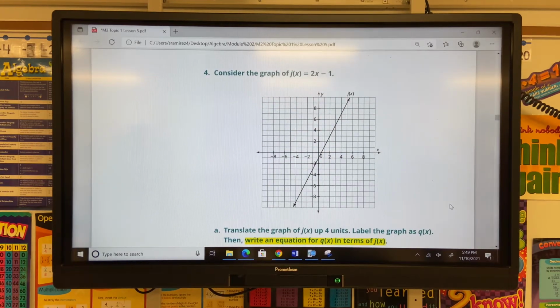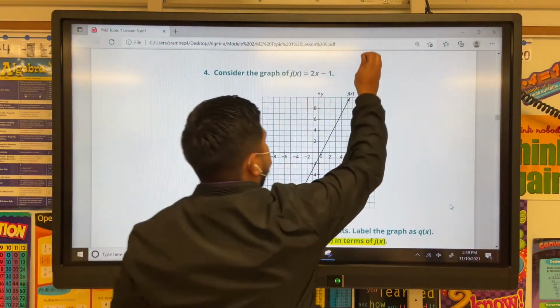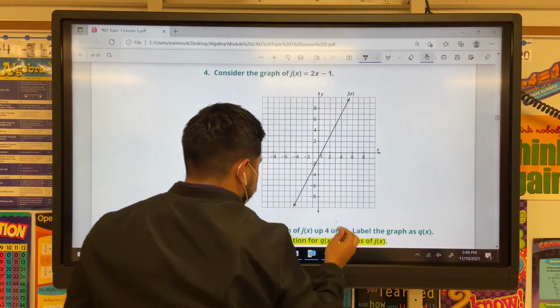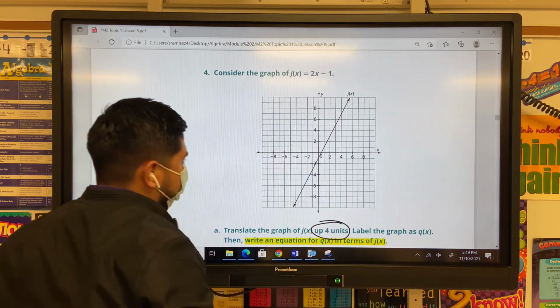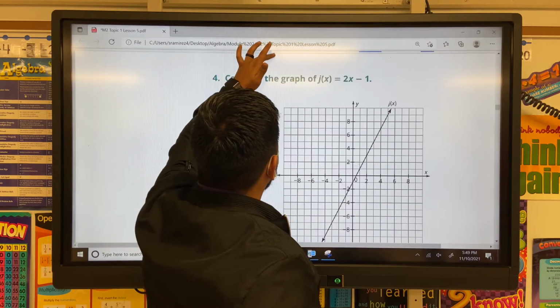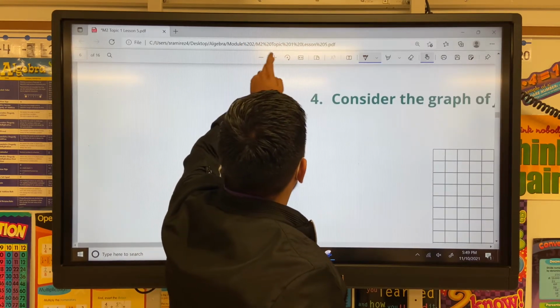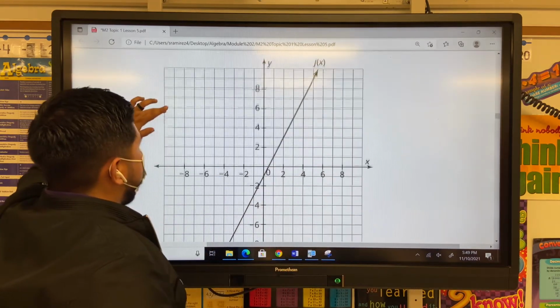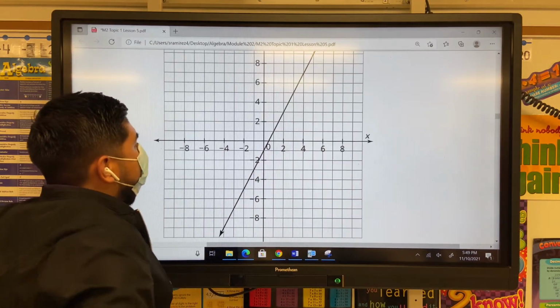So, if we look at letter A real quick, automatic thing. Telling us to go 4 units up. Our job is to look for a coordinate. Okay? A lot of us may have some difficulties doing this. Zoomed in as much as I can.